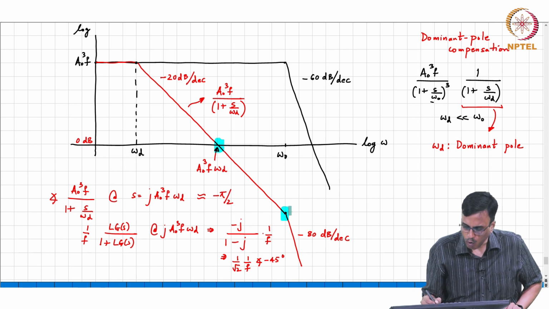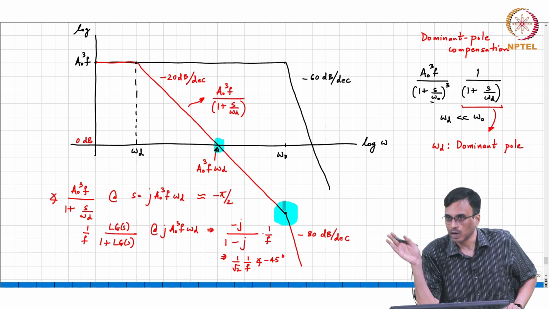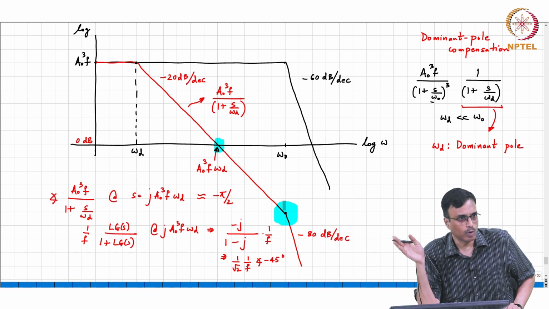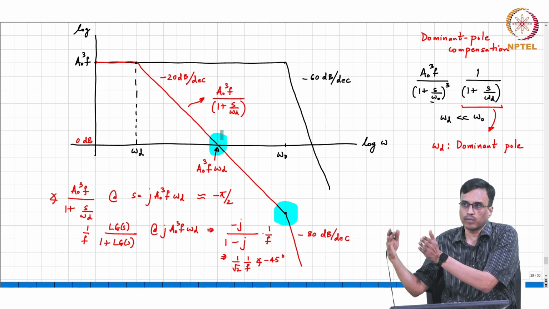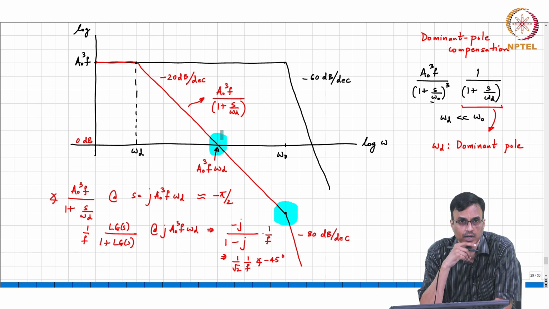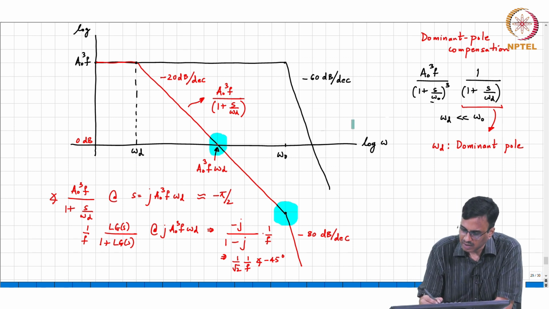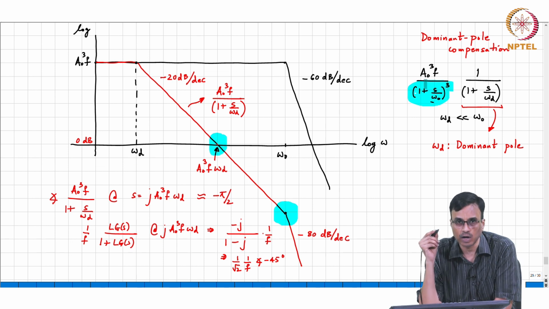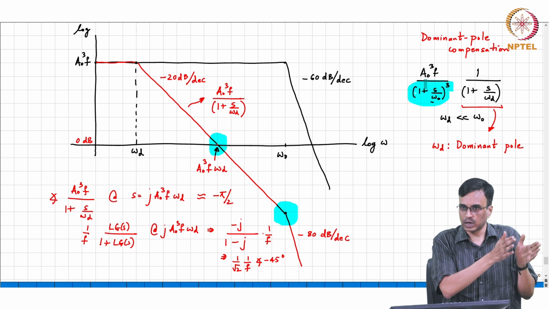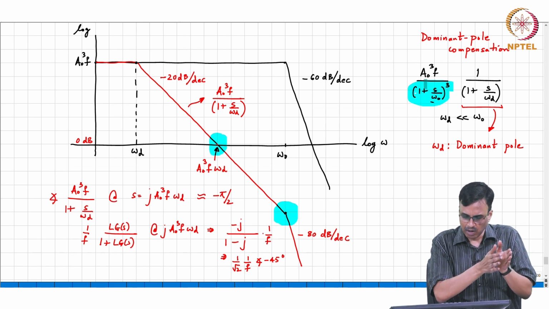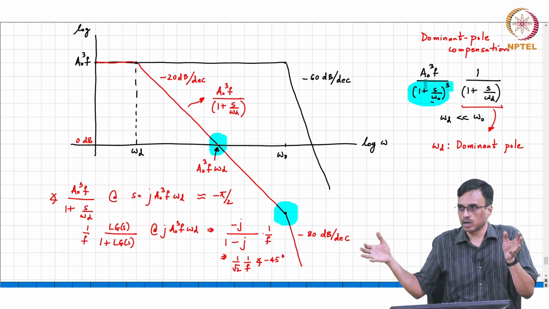If you want these poles at omega naught not to bother you at all, what comment can we make about the unity gain frequency versus the location of these poles at omega naught? Let me repeat the question. If we did not want these poles to bother us in any way as far as stability is concerned, what comment can we make about the relative position of the unity gain frequency, which is A naught cube f omega d, versus omega naught?